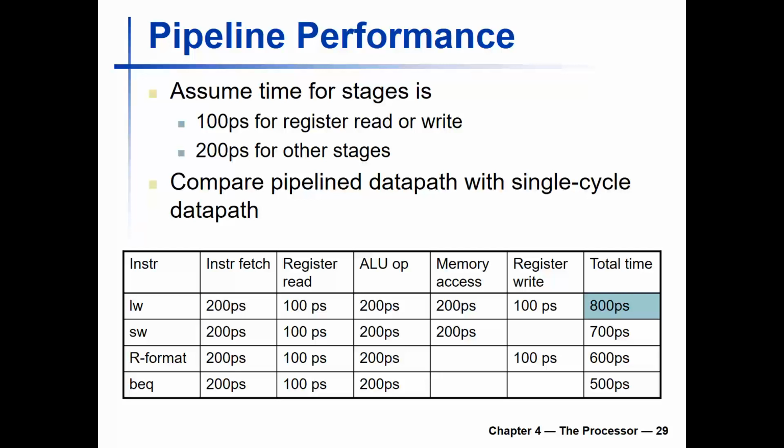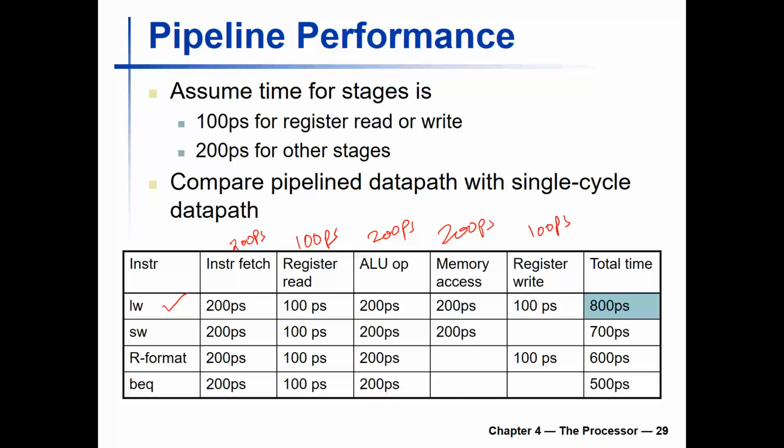I'm going to assume that I need 200 picoseconds for instruction fetch, 100 picoseconds for decode and register read, 200 picoseconds to execute in the ALU, 200 picoseconds to access the memory for read or write, and 100 picoseconds to write data to the registers.